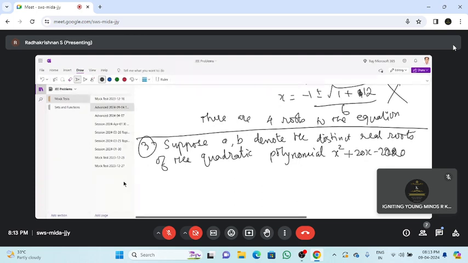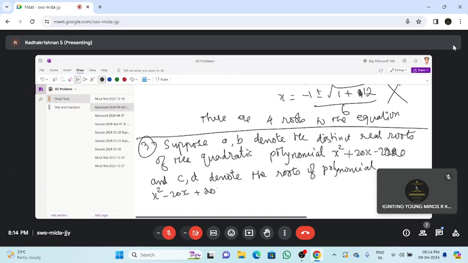And C and D denote the roots of. So A and B are the roots of this equation, C and D are the roots of this equation.